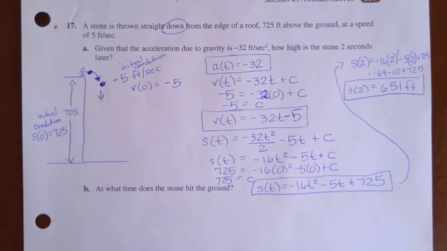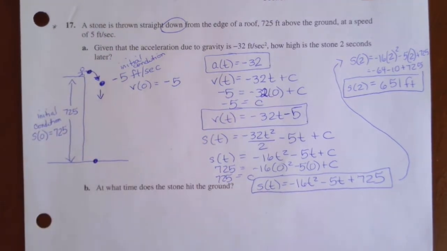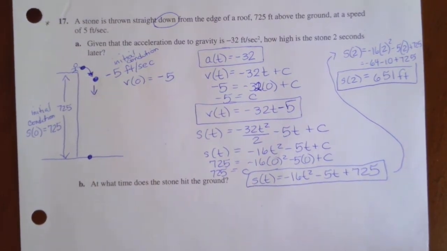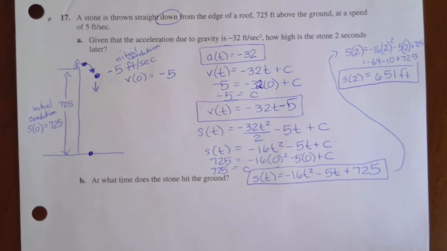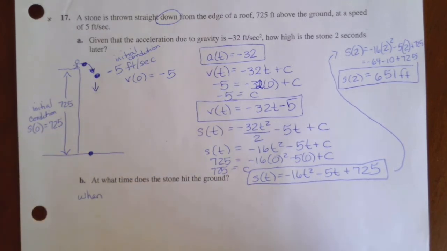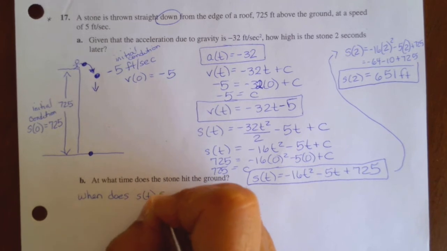A lot of work to be done, but now we have all the functions, so we should be able to find these answers. Part B says, at what time does the stone hit the ground? When it hits the ground, we will ask when does the position equal 0?